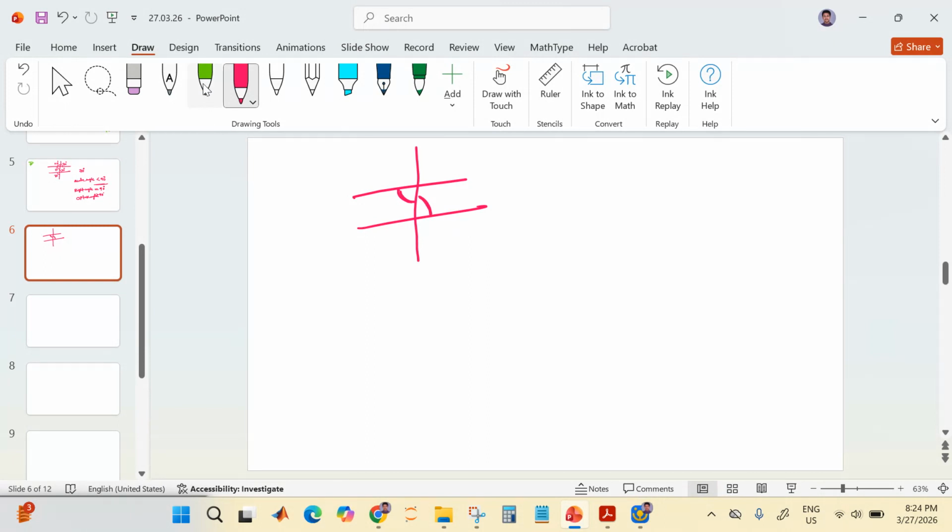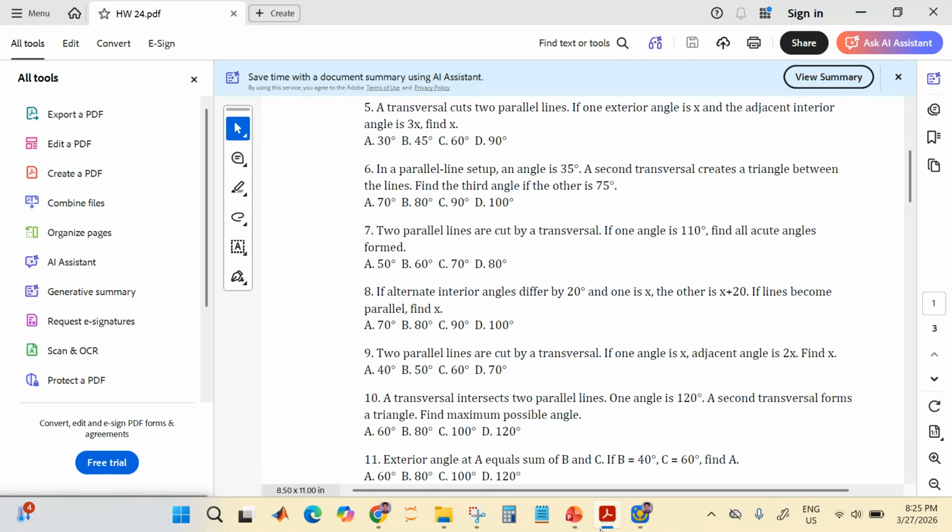You can draw this one and this one also as alternate interior angles. So angle 3 and angle 5 are alternate interior angles, and angle 4 and angle 6 are alternate interior angles. So any of them is x and another is x plus 20.